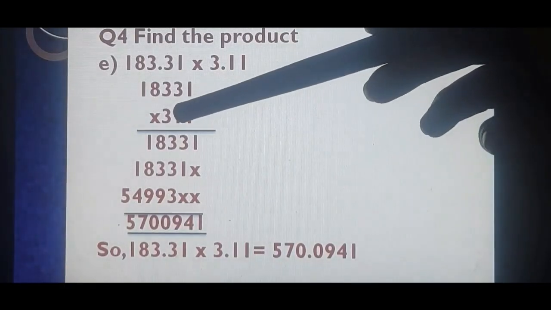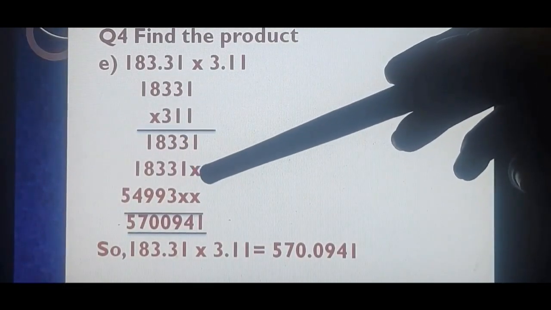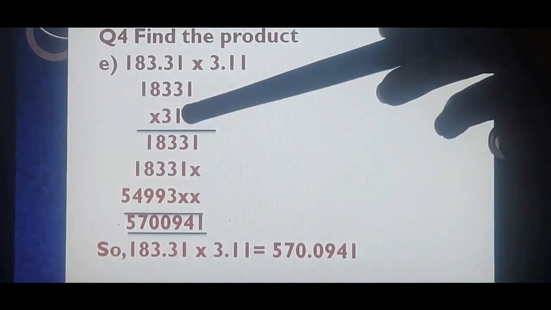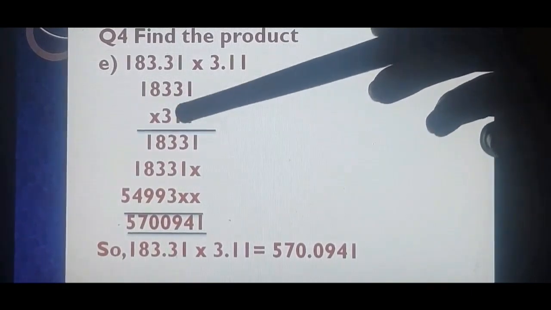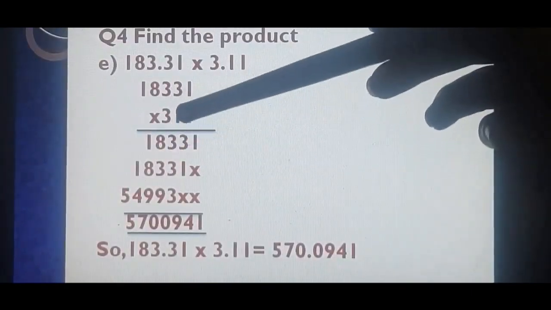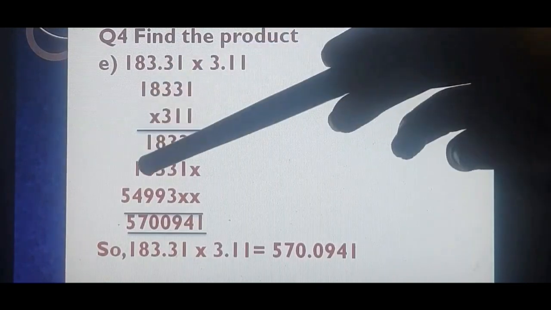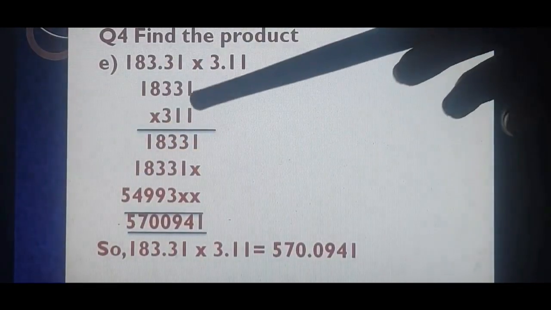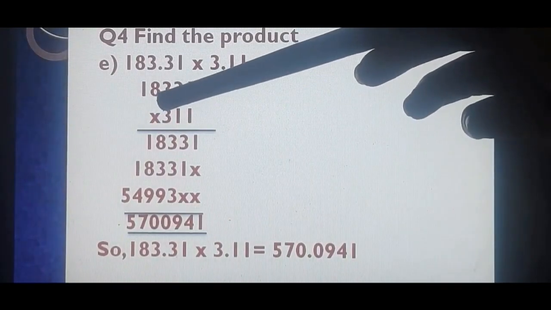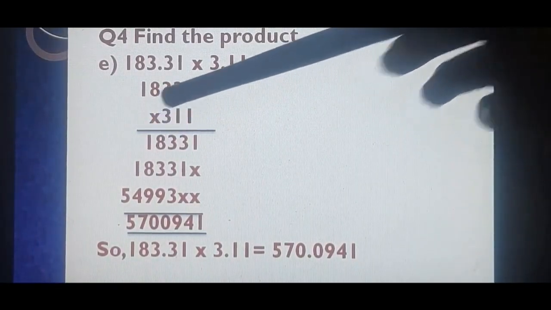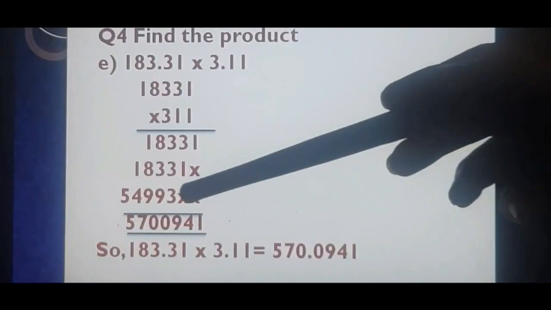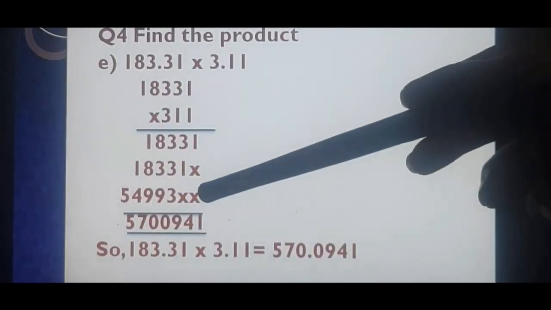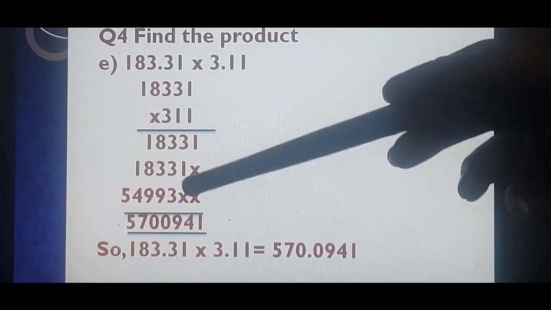Now we will do multiplication of the tens place. So we will put here a multiplication sign, cross sign. Again with 1, 1 1 is a 1, 1 3 is a 3, 1 3 is a 3, 1 8 is a 8 and 1 1 is a 1. Now the hundreds place contains a digit 3. So put 2 multiplication signs here. You can put 0 also.